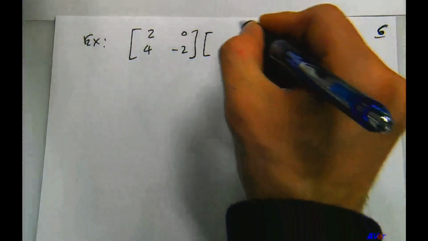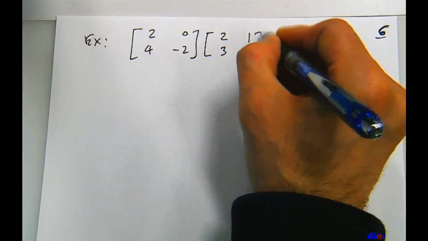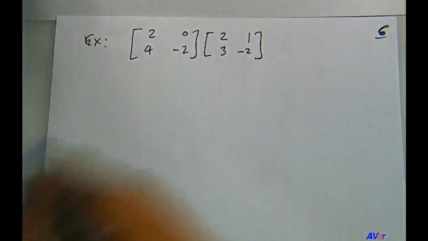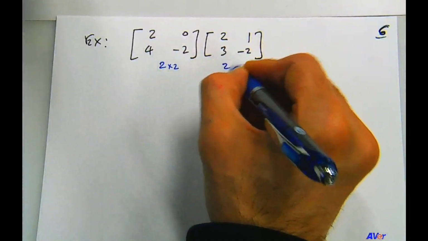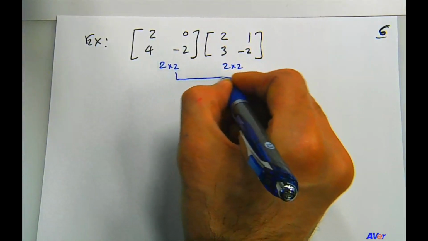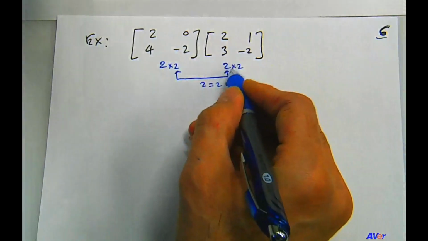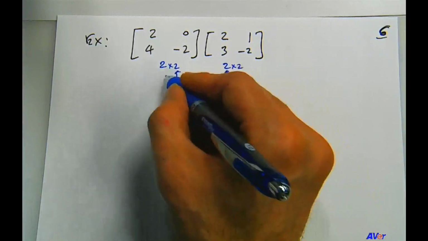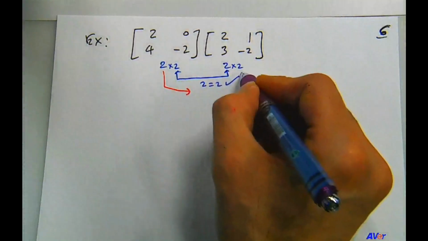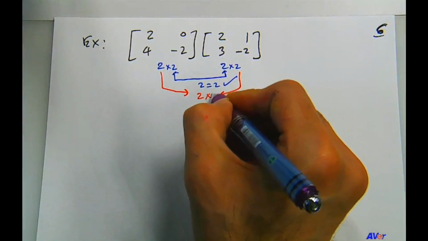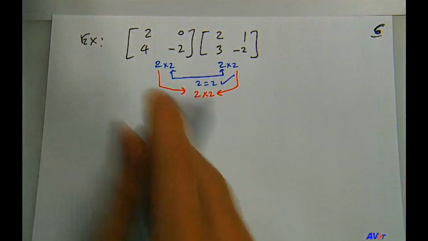Okay, like that. Well, the dimension of this matrix is 2 by 2. This is 2 by 2. The number of columns in the first matrix is equal to the number of rows in the second one, and the resultant matrix would be 2 by 2 as well, right? Because that and that would be 2 by 2. Okay, so we do the same thing.